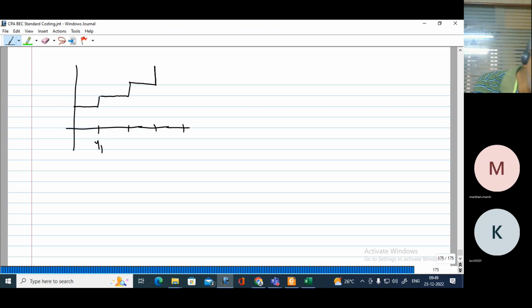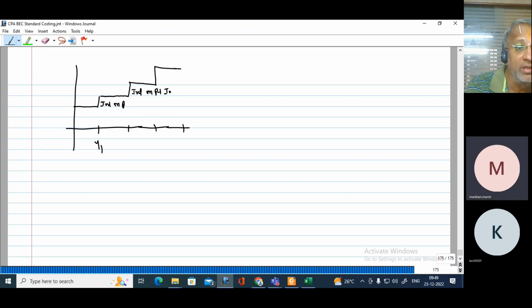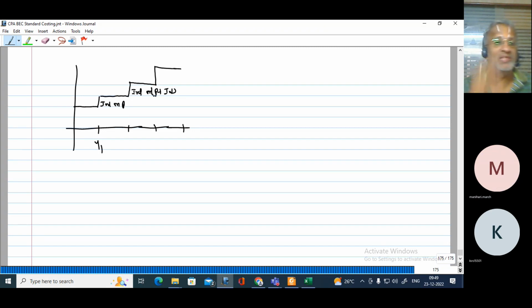This is interest on principal, and this is interest on principal plus interest. That is why the step is a little higher. Annual compounding.